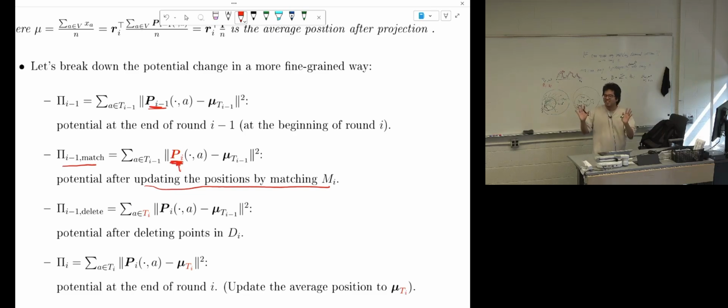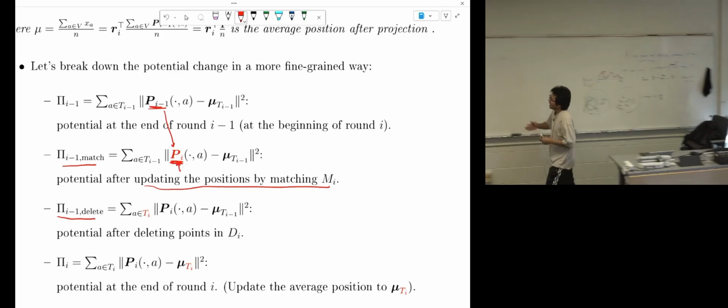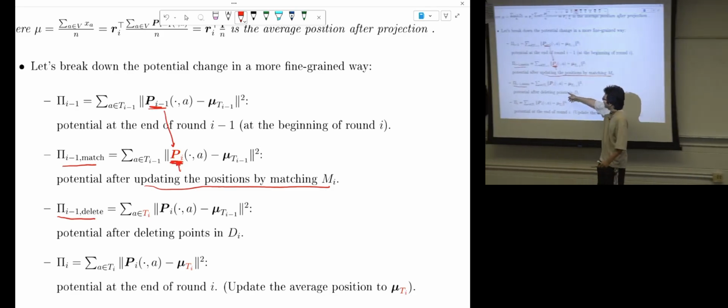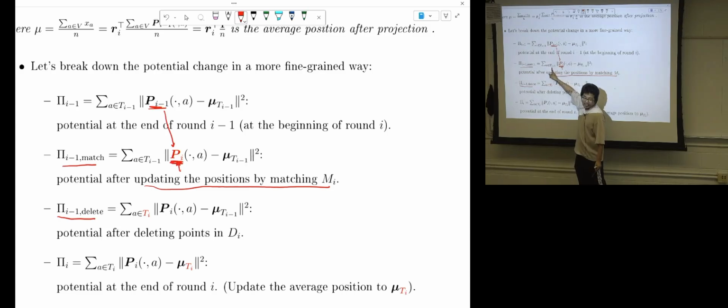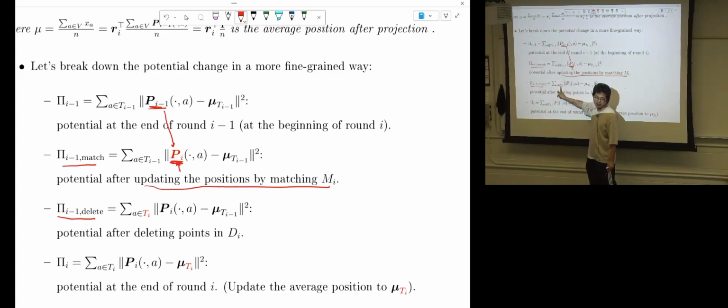I don't delete anything yet at this point. Just update the position. The next step is, after updating the position, I delete the points in D. So now I update the active set from the previous one to the new active set. Now I both match and delete.